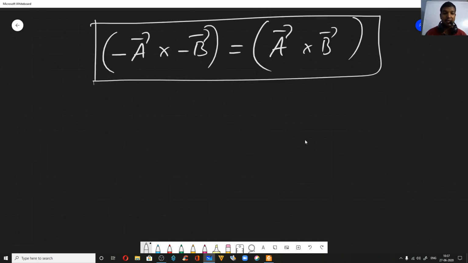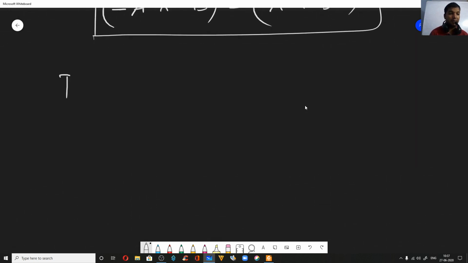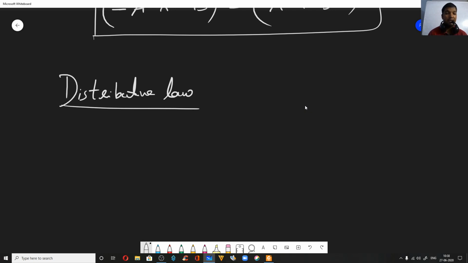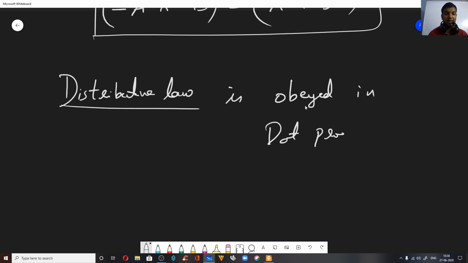Now next let us go to the distributive law. The distributive law is obeyed in scalar product, that is dot product, as well as cross product, both of them. In dot product what did we see?